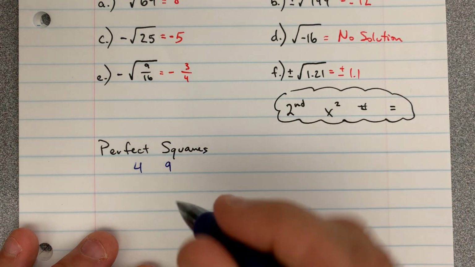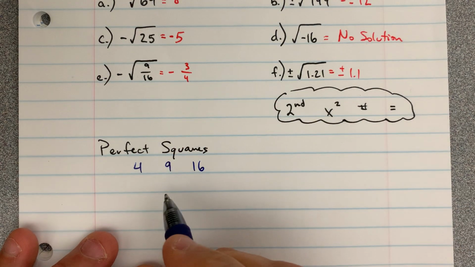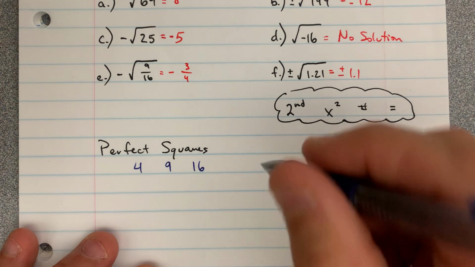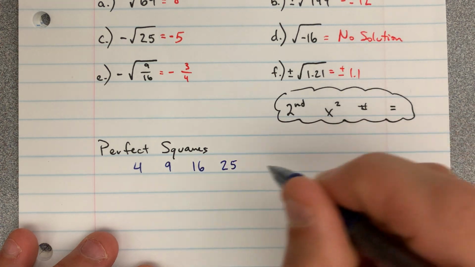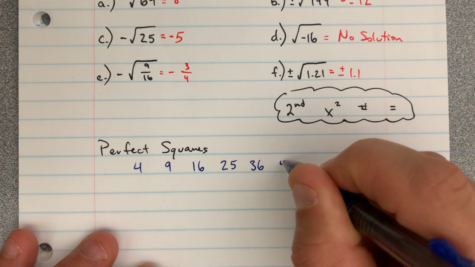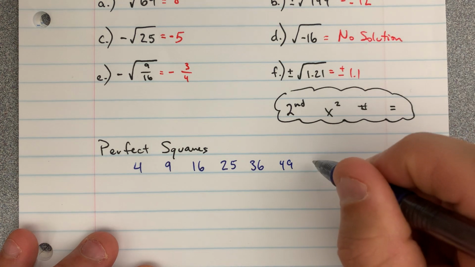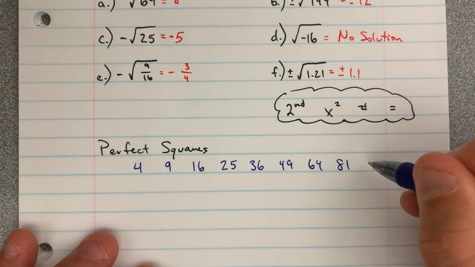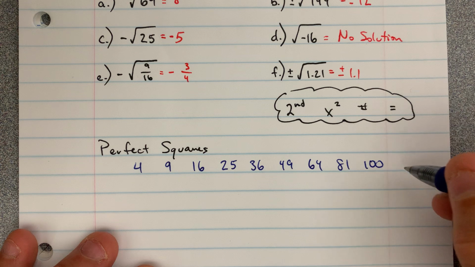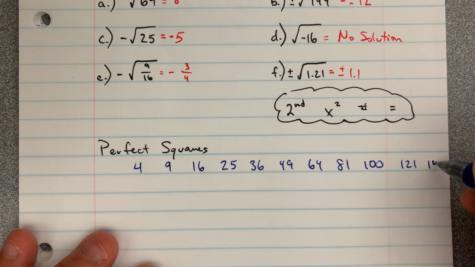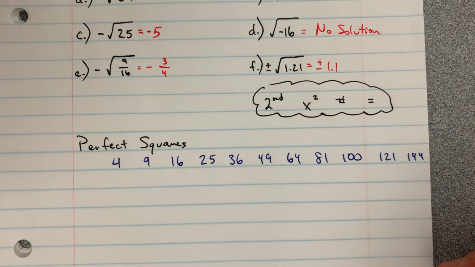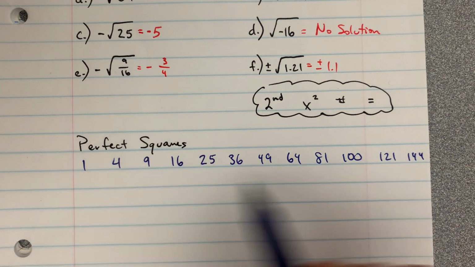9, 16, 3 times 3, 4 times 4. 25, 36, 49, 64, 81, 100, 121, 144. Those are all ones I should know already. Don't forget 1. Those are all ones that you should know.